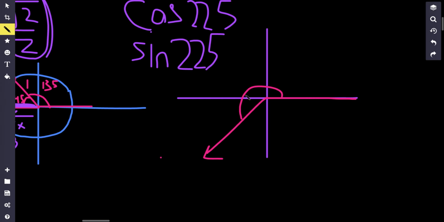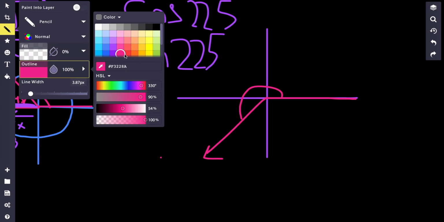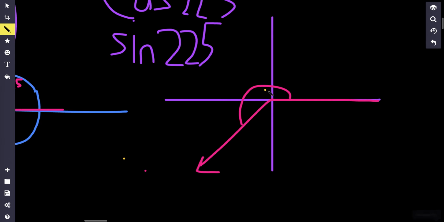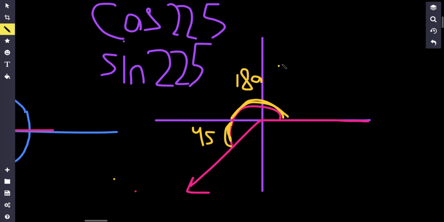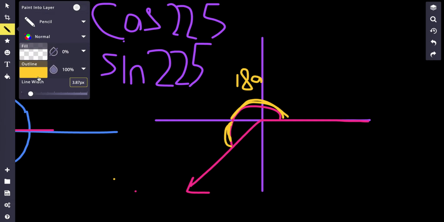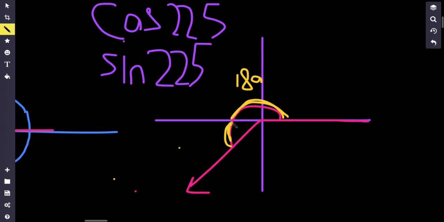Now we established that this angle right over here is 180, which means that this angle right over here has to be 45, right? Because 180 plus 45 gives us this 225-degree angle that we're looking for. So this tiny angle right over here has to be 45 degrees.